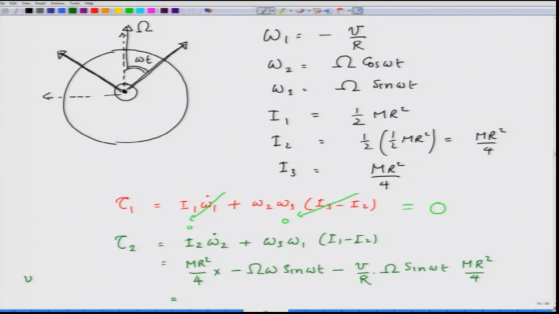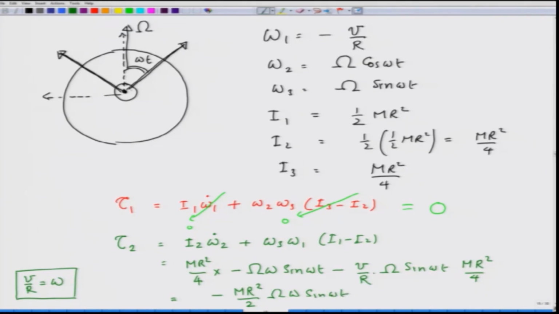Since V over R is omega, we get this to be equal to minus m r square by 2 capital omega omega sine of omega t. That is my tau 2.